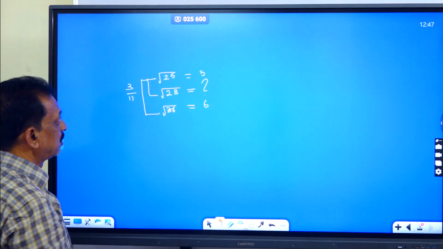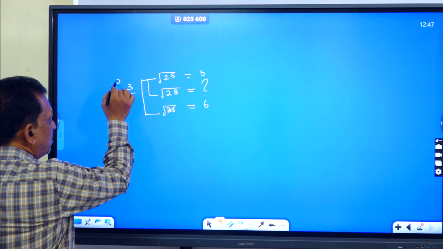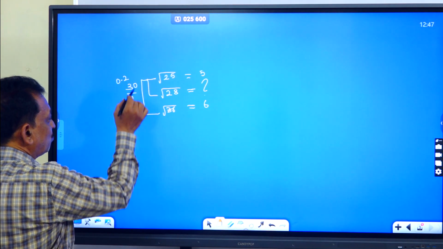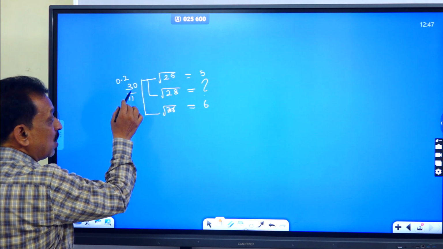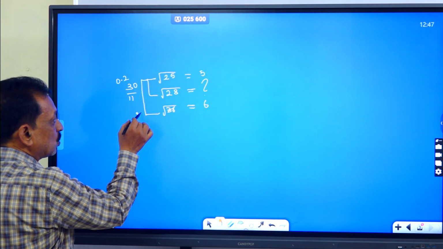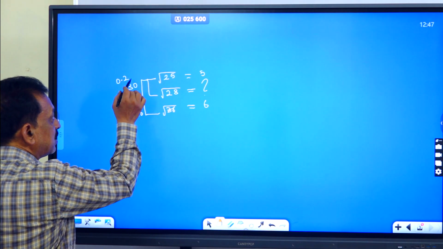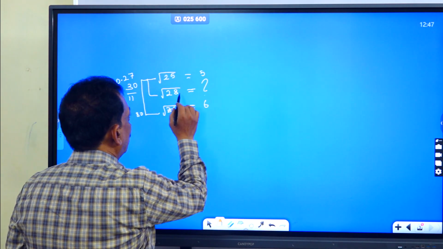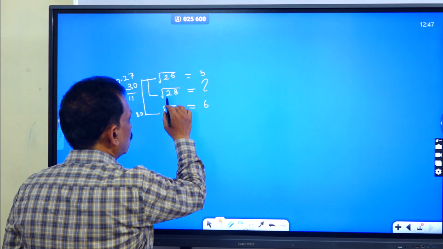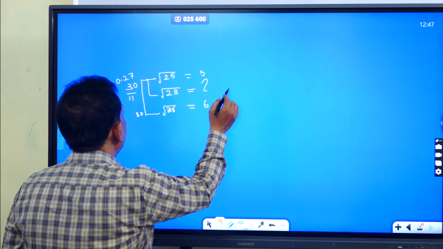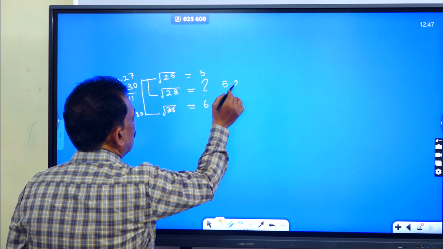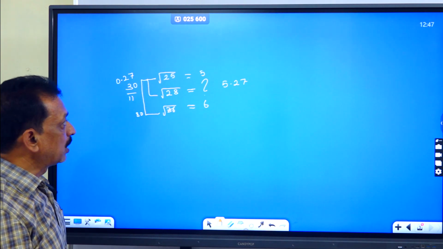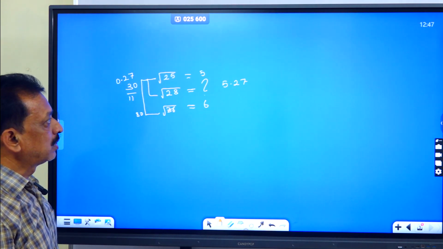Now do the division. 28 minus 25 is 3, so 30 divided by 11, 11 2s are 22, 8 is there, then 11 7s are 77. Now the value of the square root of 28 is 5.27. Understanding? So like this.